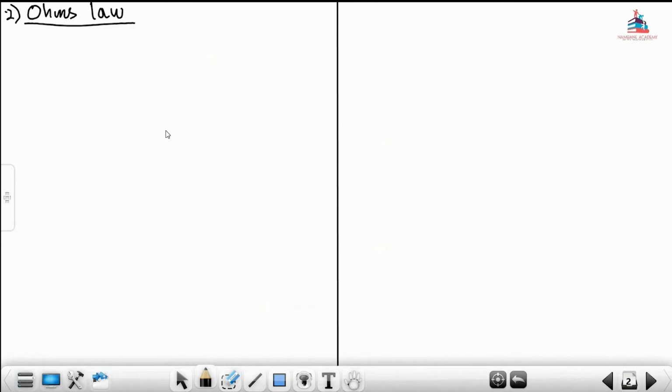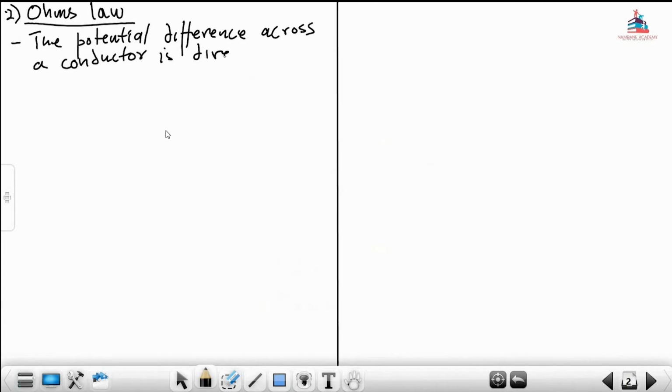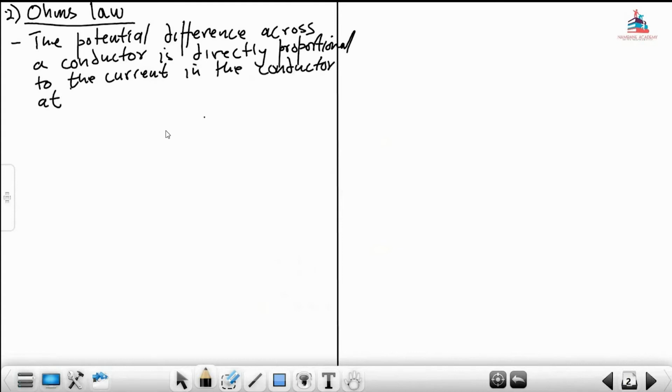Can somebody quickly say: the potential difference across a conductor is directly proportional to the current in the conductor at constant temperature.